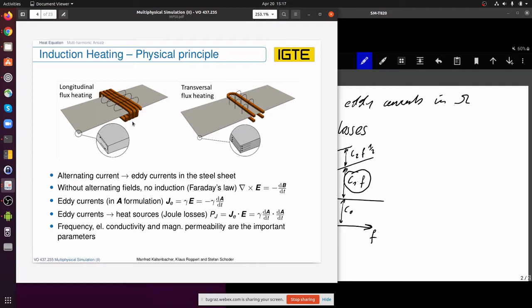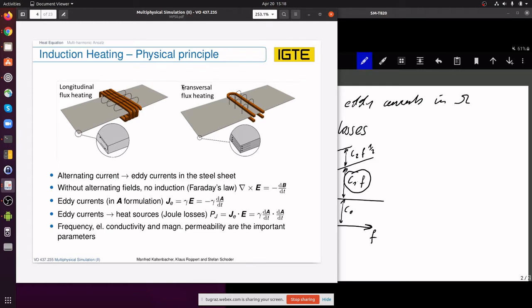And then it also gets a bit complicated to find power generators with that frequency that can provide some kilowatts of power to power the inductor.